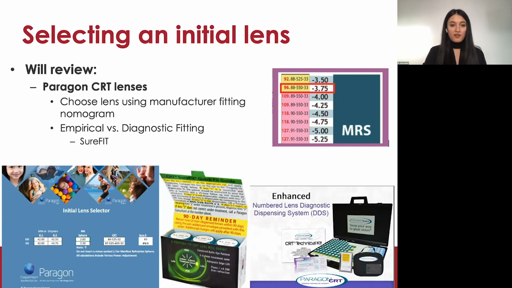And then there are some designs and brands that allow empirical fitting where you can order multiple different lenses. With the SureFit design from Paragon, you can order 3 different lenses of varying parameters. So if the first one that you try on doesn't fit as well, you can move on to the other lenses. You don't have to wait until your newly ordered lens arrives in clinic.